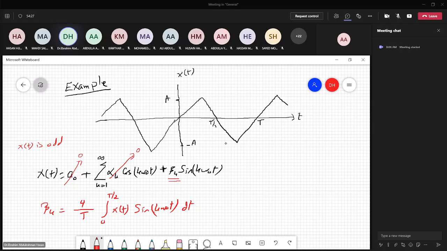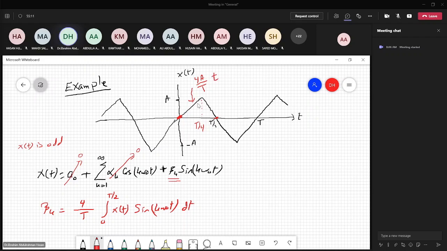Okay, if you look here, from 0 to T over 2 means from here to here. So we need the equation of x of t, the equation of this. The y-intercept equals 0, the slope equals A divided by T over 4, which is 4A divided by T, multiplied by t.